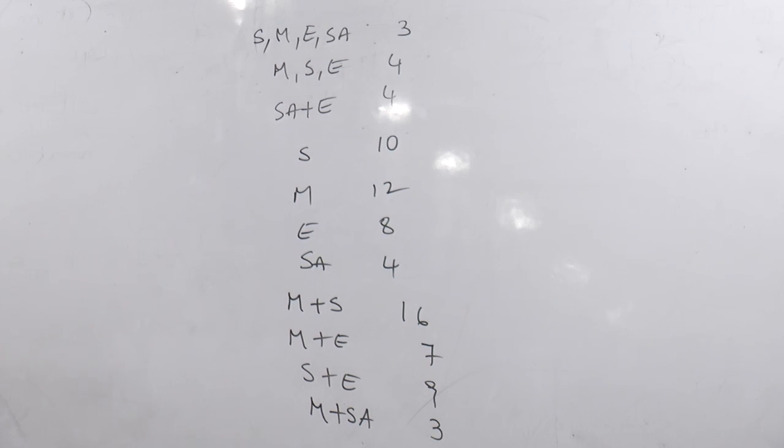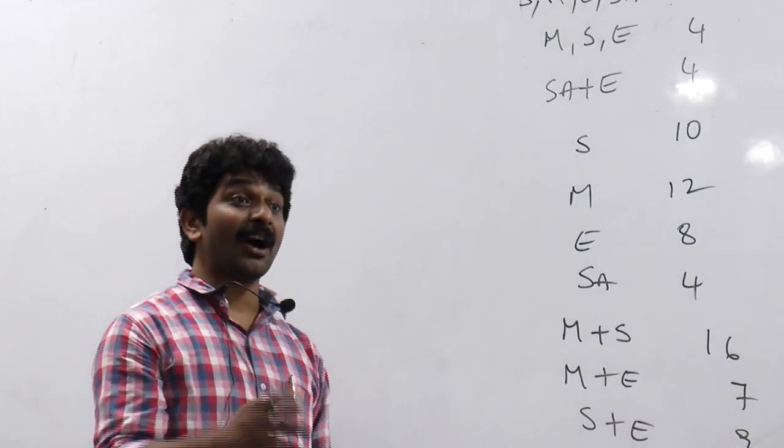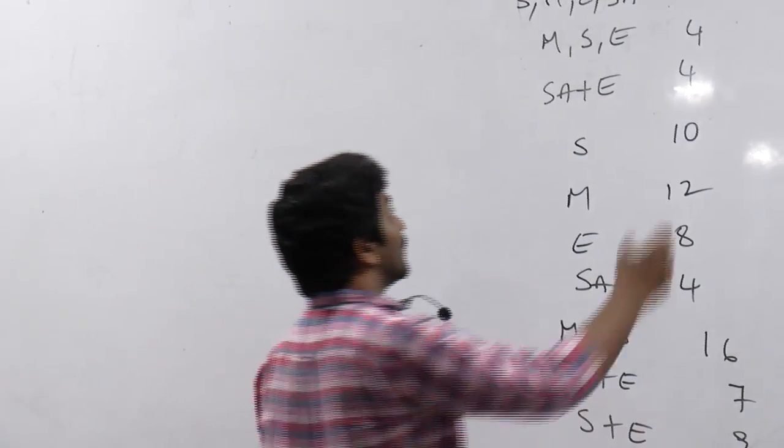Right? Next. How many students take tuition in maths and or English, but not science and Sanskrit? You are not supposed to consider science and Sanskrit. Wherever you have S or SA, don't consider that.